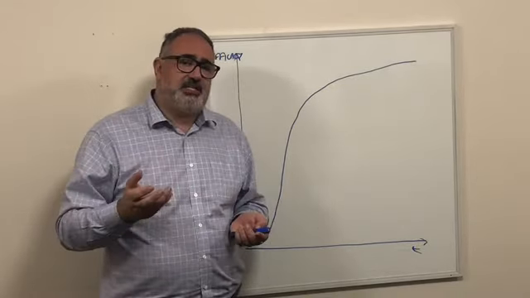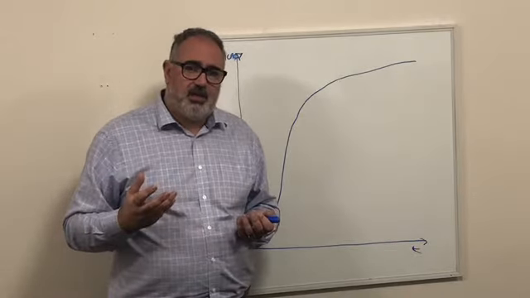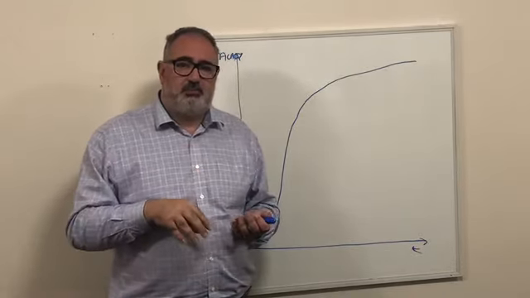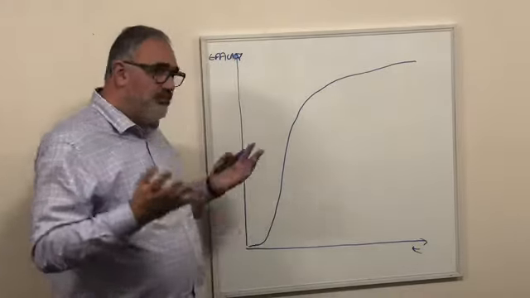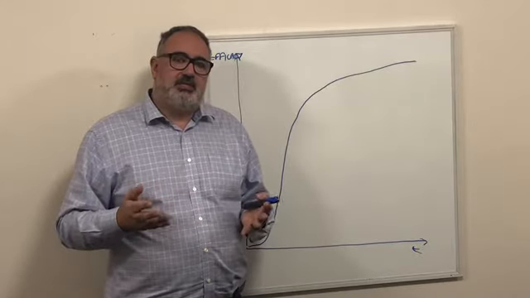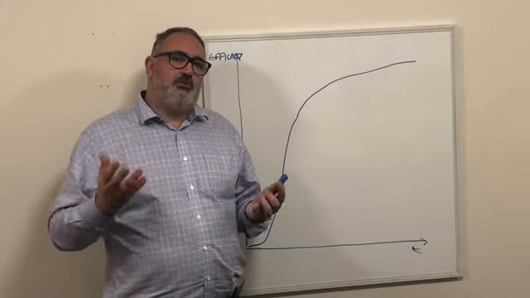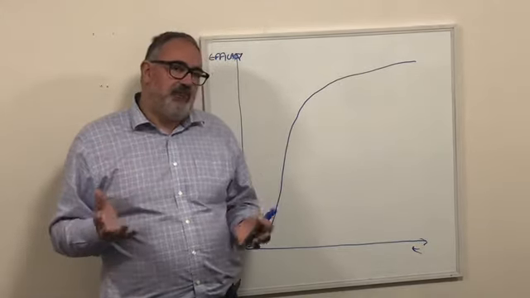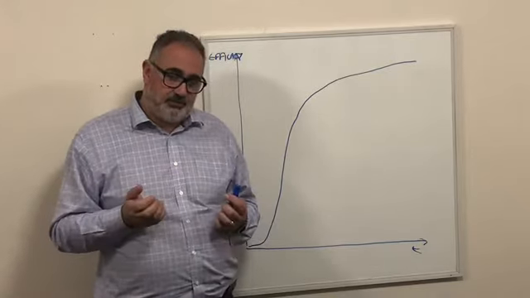Now, the patch itself has a reservoir of drug that soaks through the patch and through the patient's skin. When you first put a patch on the patient, the drug gets absorbed through the skin and forms really effectively a depot of medication within the subcutaneous tissue.